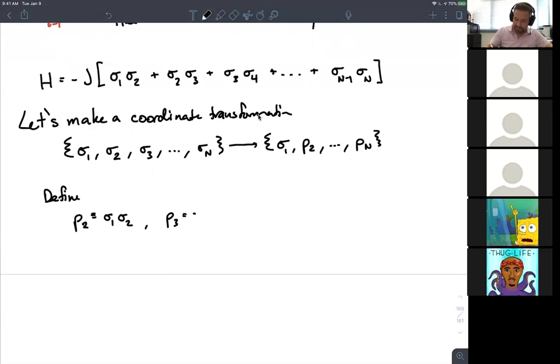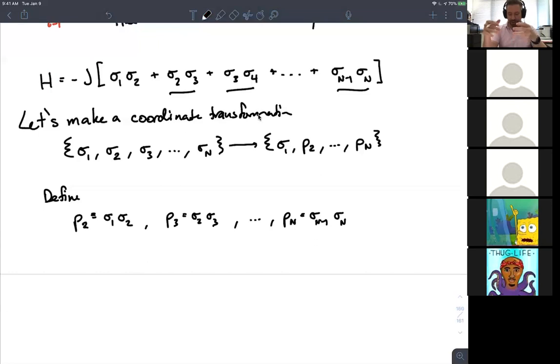P3 is sigma 2 times sigma 3, all the way up to Pn, which is sigma n minus 1 sigma n. Okay. So in other words, these P's are just the products that you find in the Hamiltonian when you write it out explicitly.